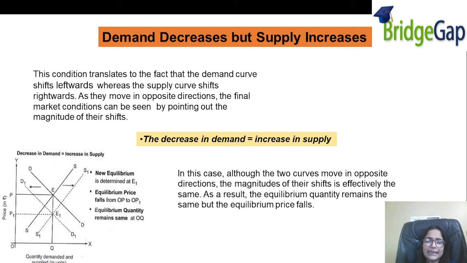So effectively, the equilibrium quantity will remain the same, but the equilibrium price will fall because demand has decreased and supply has increased. So suppliers will compete with one another in order to sell off their goods. So this will gradually lead to a decline in the prices. Again, this is a part of market forces acting accordingly. Alright.